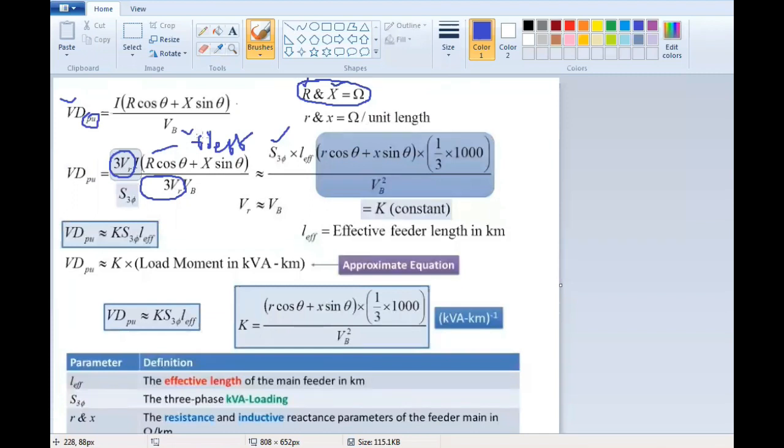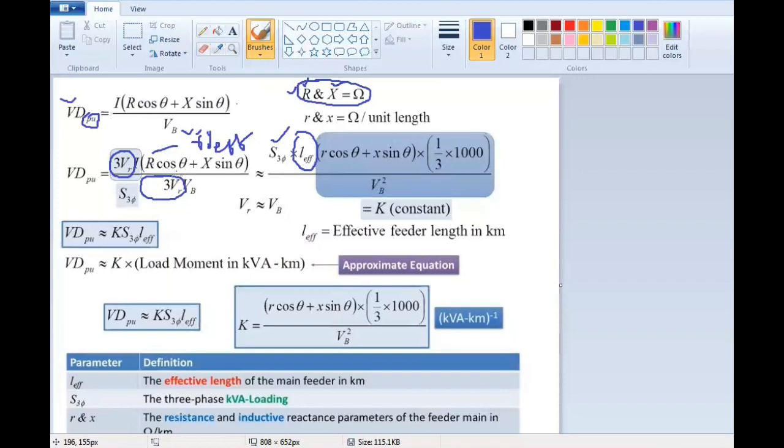In place of r, we have substituted small r into L effective, and in place of x we have substituted small x into L effective. L effective is the length of the feeder, we have taken it out, and we can write it as small r cos theta plus small x sin theta. So it is per unit length. If you want the entire feeder length, you have to multiply with the feeder length L effective.